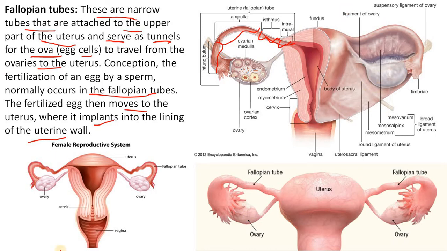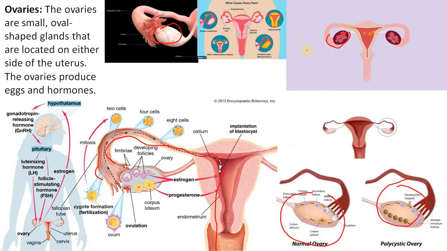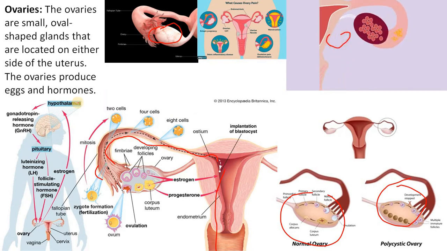As I said, this portion is the isthmus, which has a narrow lumen, and it joins the uterus, as you can see. And from this portion, the ovaries. There is nothing to learn about ovaries much, and these are the primary female sex organs that produce the ovum and several ovarian hormones, steroid in nature.